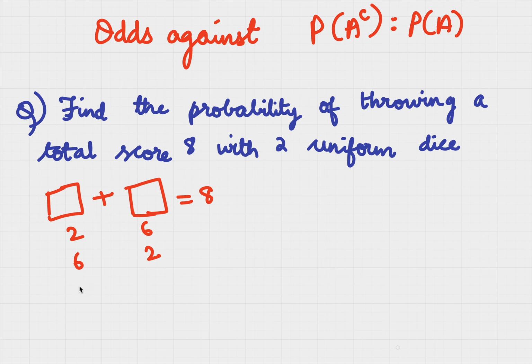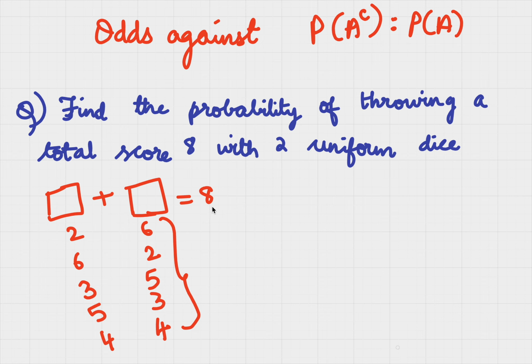The other possibilities are 3, 5, 5, 3. And another possibility is getting a 4 on this die and 4 on this die. So these are the possibilities of getting sum 8.